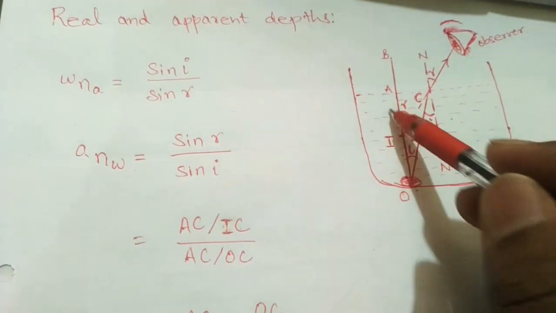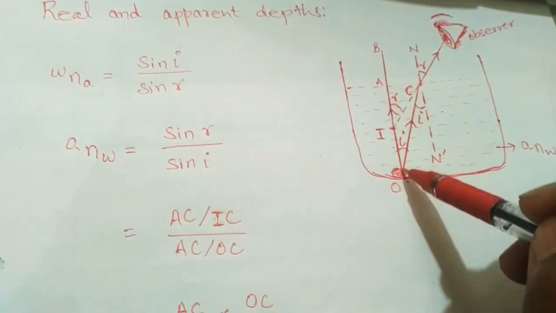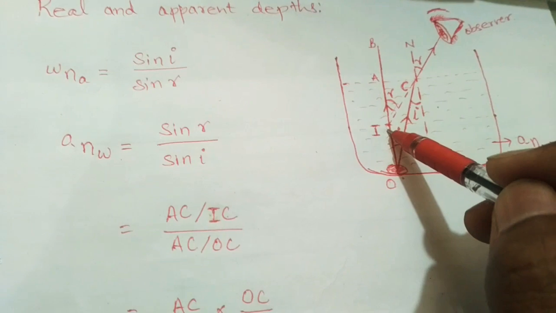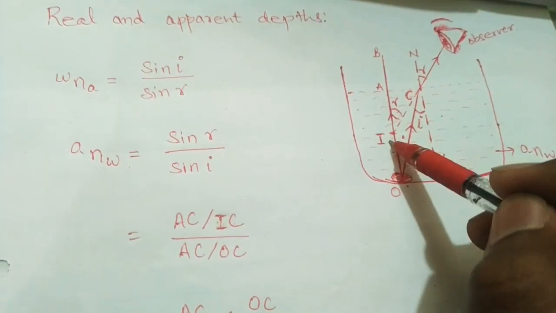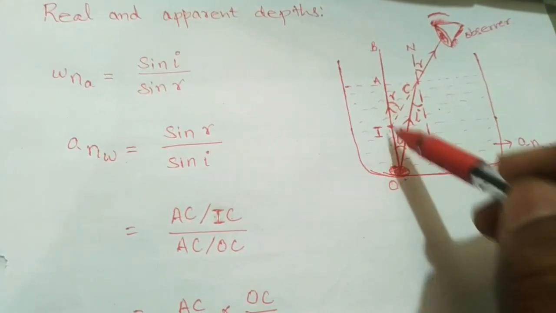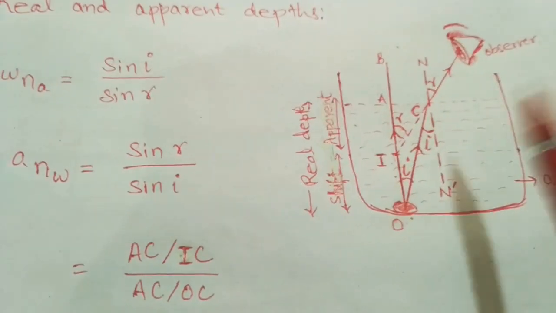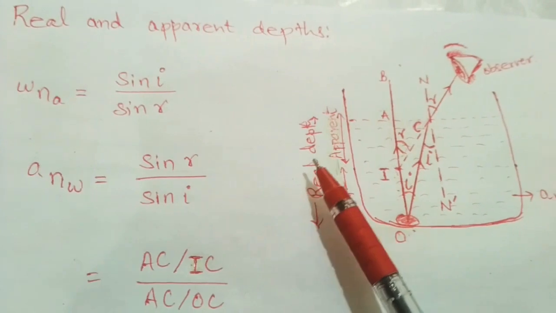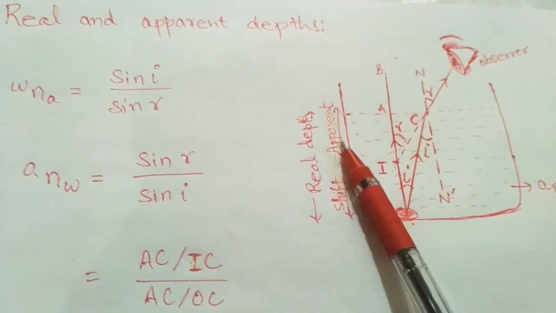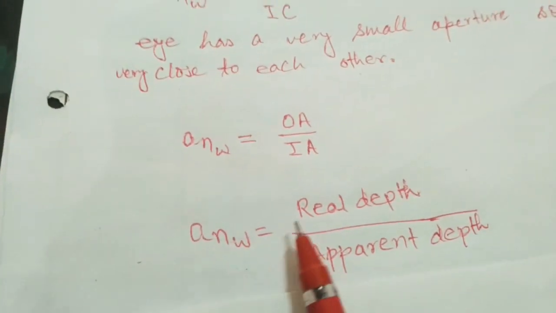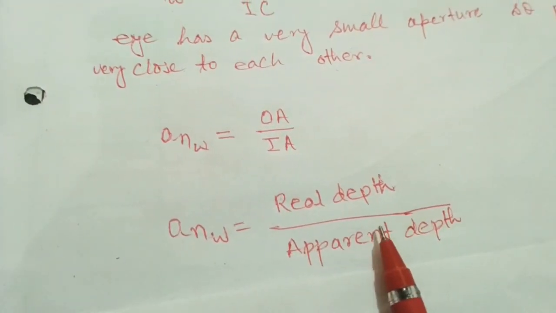OA was the real depth of the beaker, while the image of this coin has come to here. So this is the apparent image. The real depth is OA and the apparent depth is IA. On putting the values, the refractive index is equal to real depth upon apparent depth.